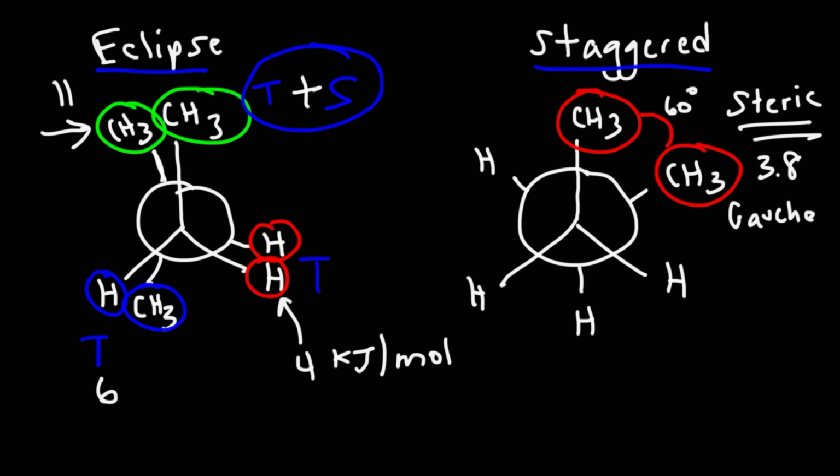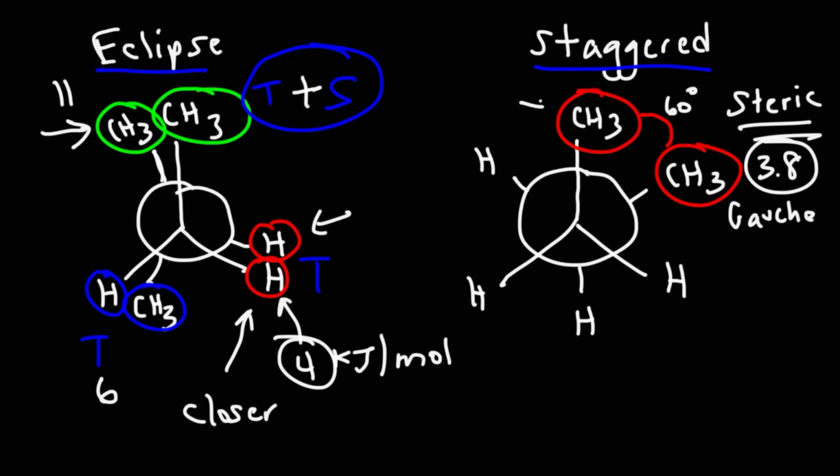Now here's a question for you. Why is it that the hydrogen-hydrogen eclipse interaction has more energy than the 2 CH3s in the gauche interaction? Especially given the fact that these atoms are smaller than the methyl group, they're less bulky. Why does it have a higher potential energy? The reason, even though these atoms are smaller, they're much closer.